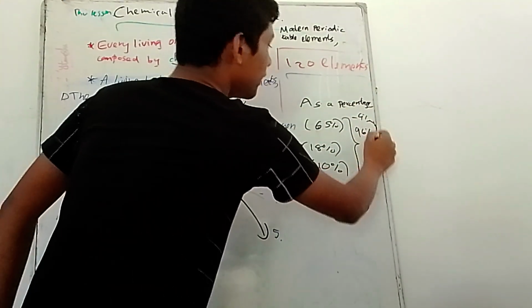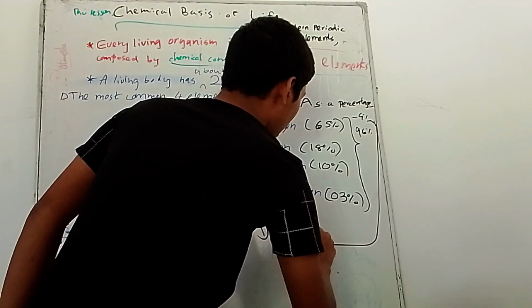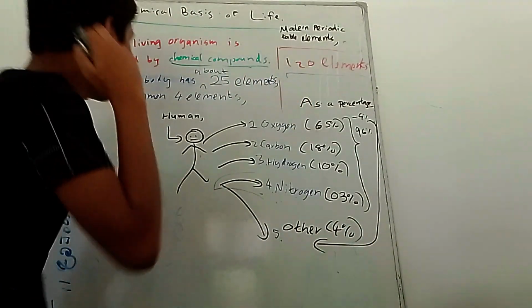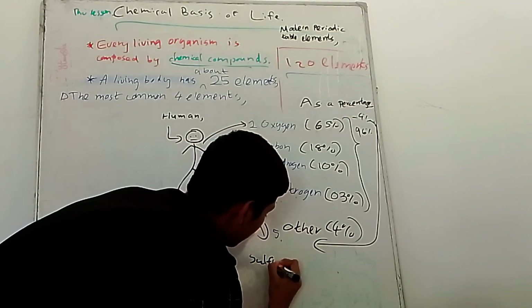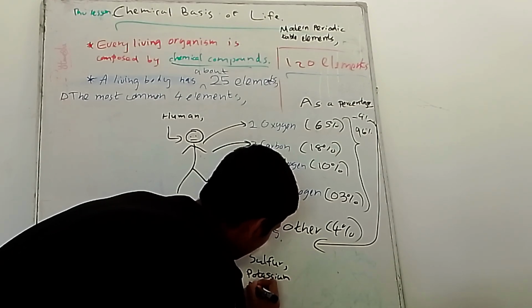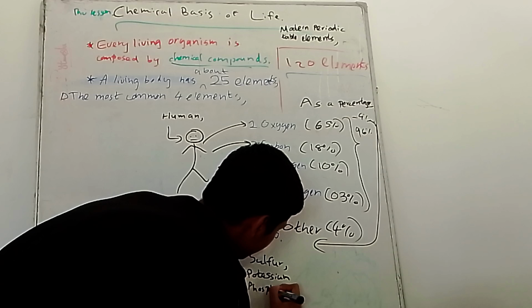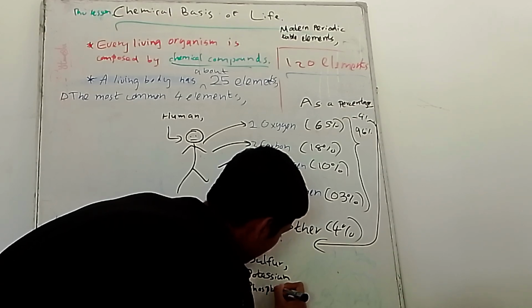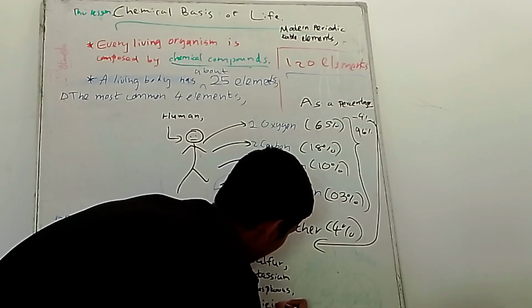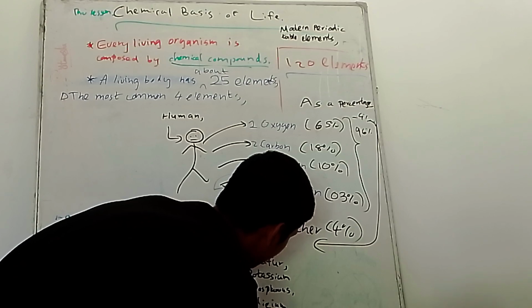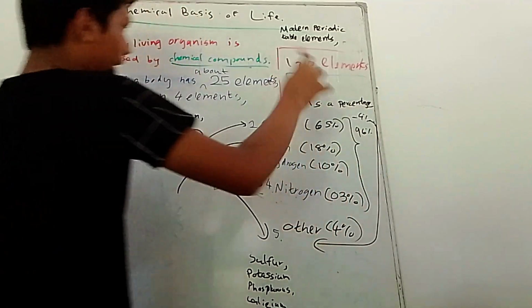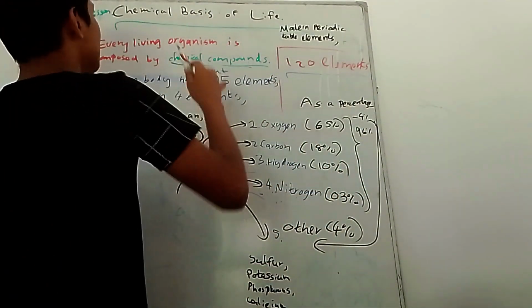The other 4% goes for elements such as sulfur, potassium, phosphorus, and calcium, iron, etc.